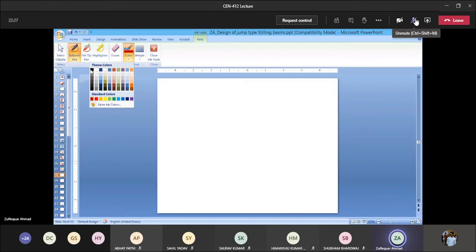On that basis we decide the type of Stilling basin, and then we have to fix the length of the jump and the invert level of the basin.